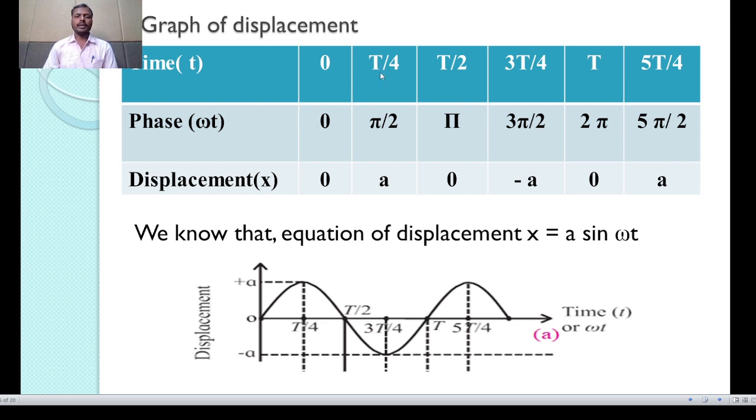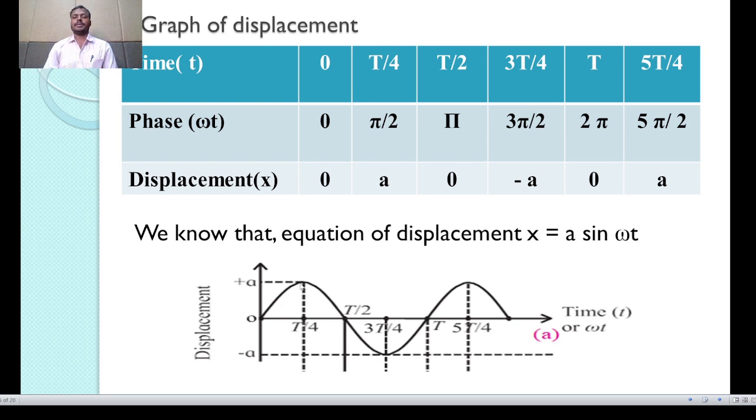When time becomes T/4, phase becomes pi/2, and a sin pi/2, that is sin 90, is 1, so x is equal to a. When the time is T/4, x is equal to a. This is the mark, x is equal to a.